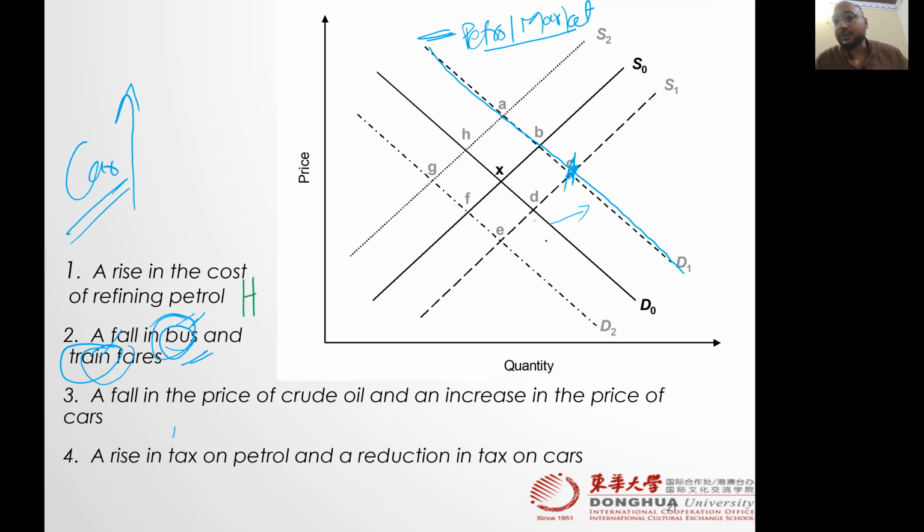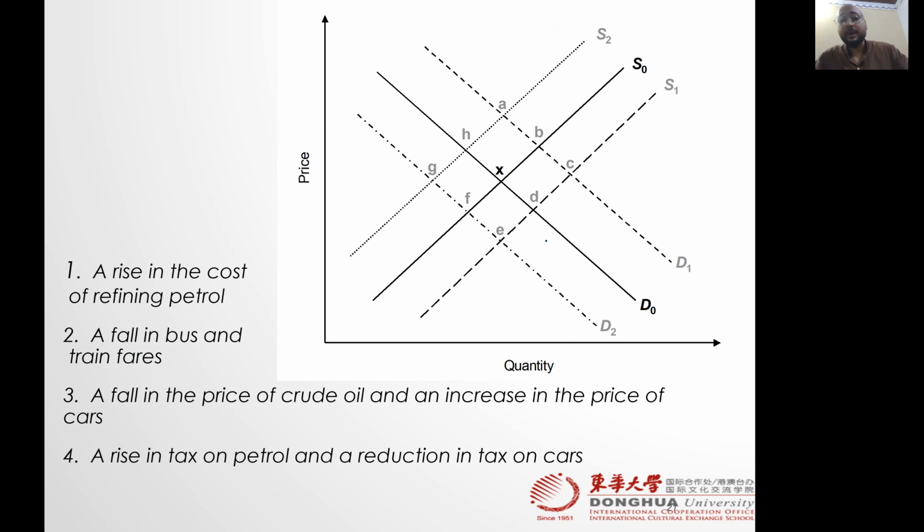Other solution. We have two solutions here, because the question is quite vague. A fall in bus and train fares. Number two, we talked about if there is a decrease in the fares, people will go through their own private conveyance.